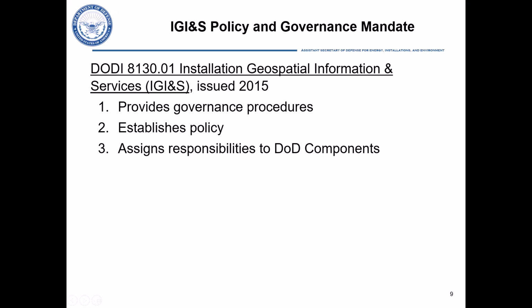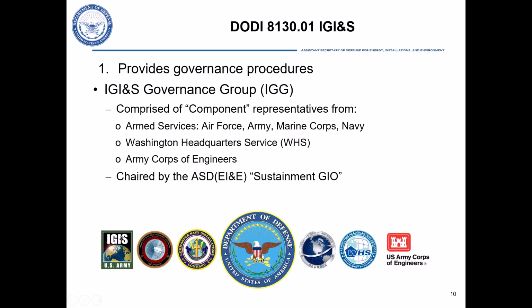The IGI&S instruction mandated the use and management of the SDSFIE standards by the DoD components by providing governance procedures, establishing policy, and assigning responsibilities to the components and other SDSFIE stakeholders. We will now consider each of these DoD topics in more detail. While providing governance procedures, the DoD formalized the IGI&S Governance Group, or IG, which is made up of representation from Air Force, Army, Marine Corps, Navy, Washington Headquarters Service, and the Army Corps of Engineers.